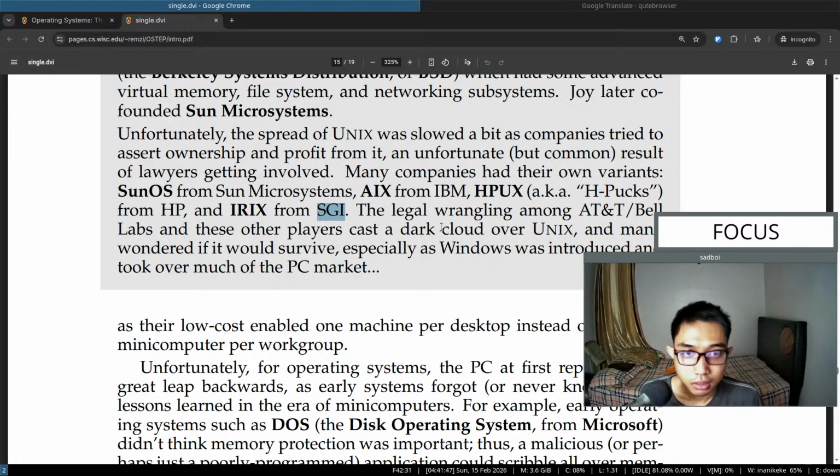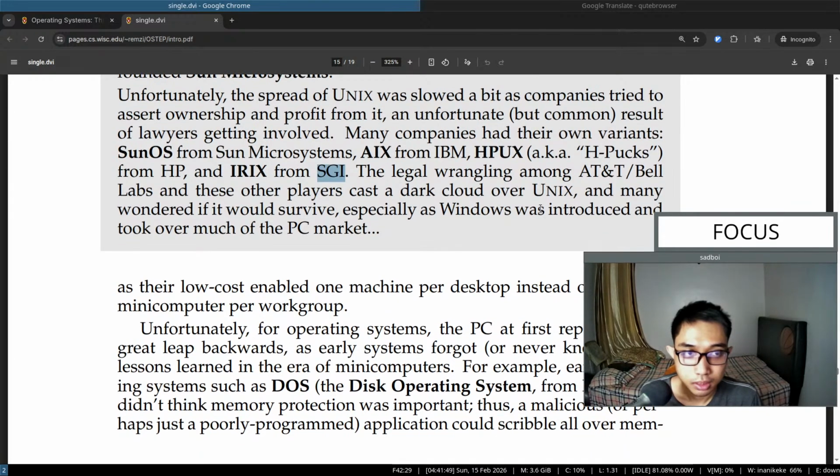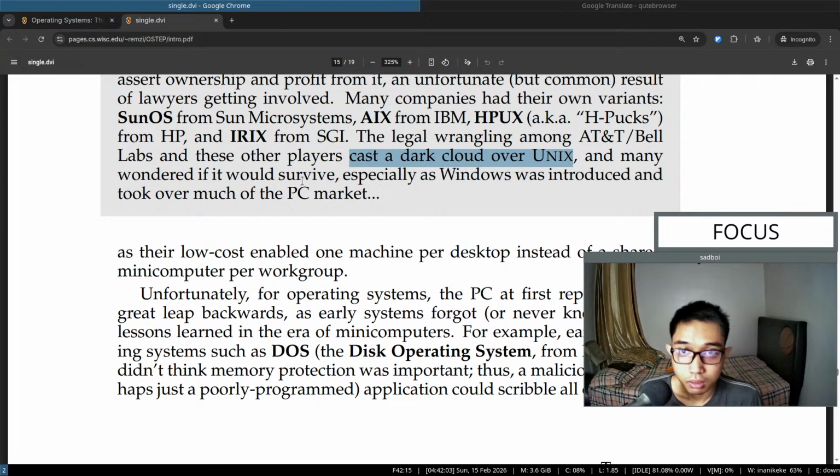The legal wrangling among AT&T/Bell Labs and the other players dragged out over Unix, and many wondered if it would survive, especially as Windows was introduced and took over most of the PC market.